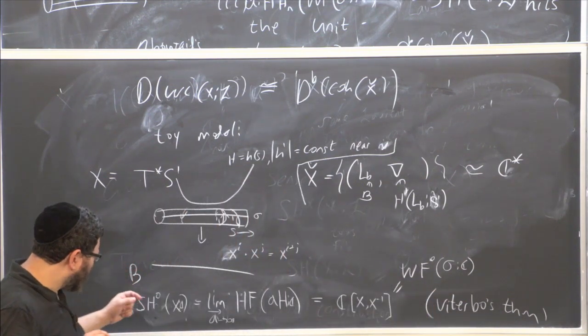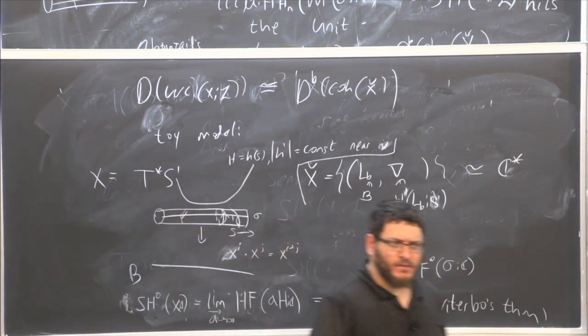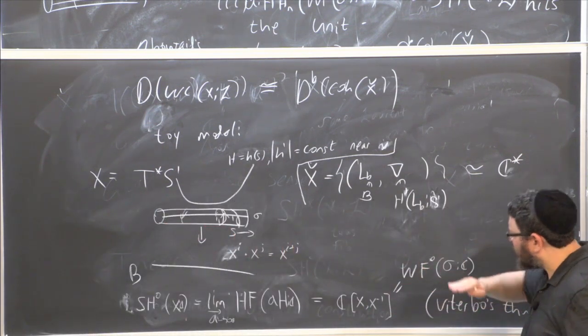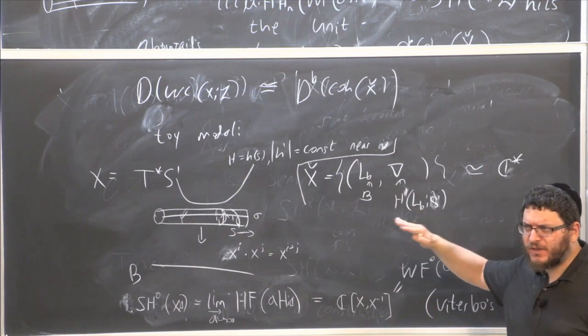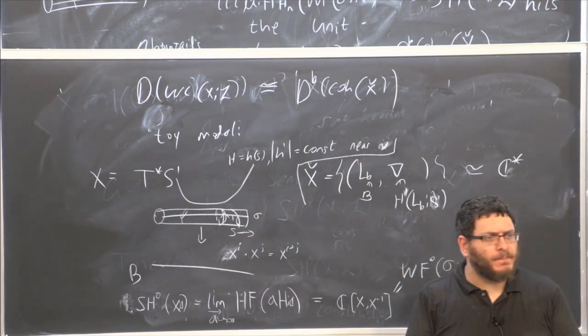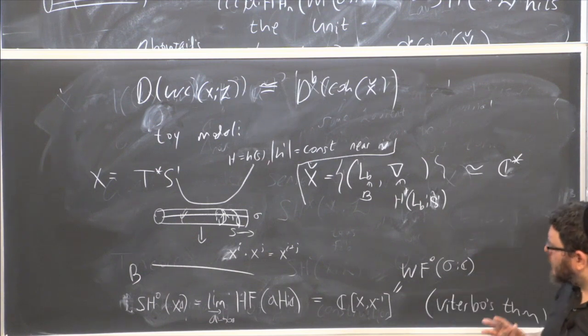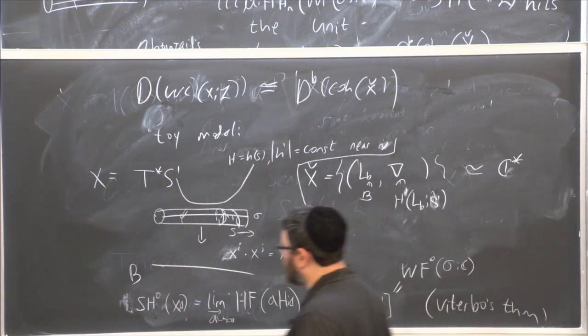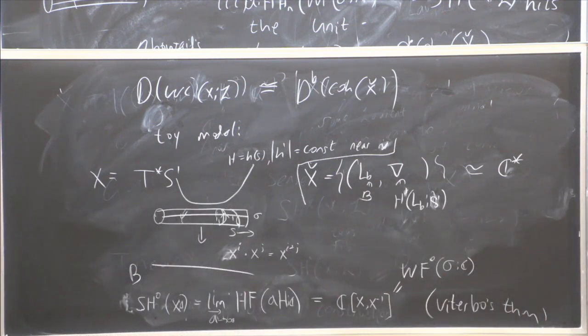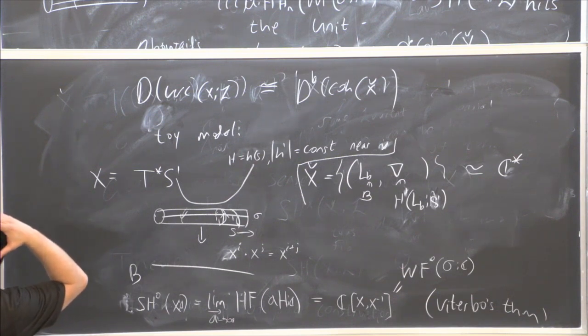This is general nonsense, but I don't have time to explain; it is due to Gross, Keel, Hacking. Are the equalities here the same as above? Yes. So this is the general picture. Now I just want to, okay, so this is when we're looking at.